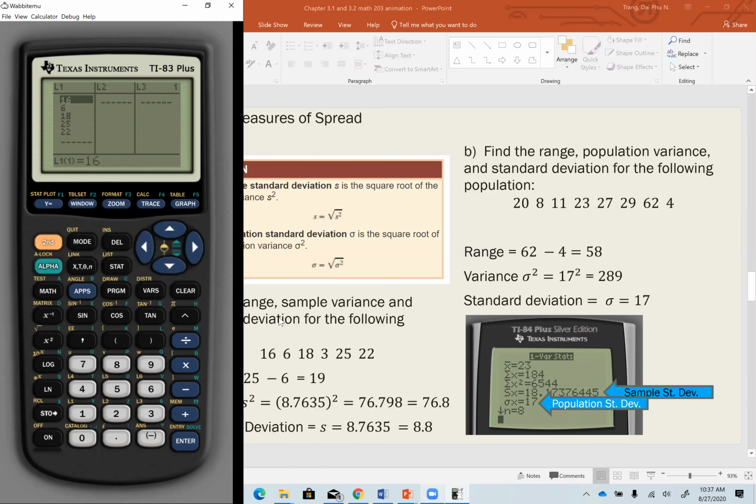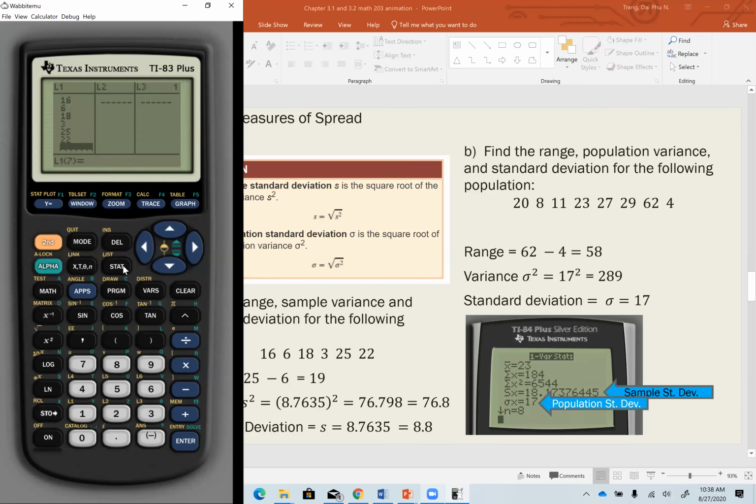So make sure you have all of the data. This one is easy to recognize because L1 is 7, meaning I have 6 data above. So again, 16, 6, 18, 3, 25, 22. Those are my data.